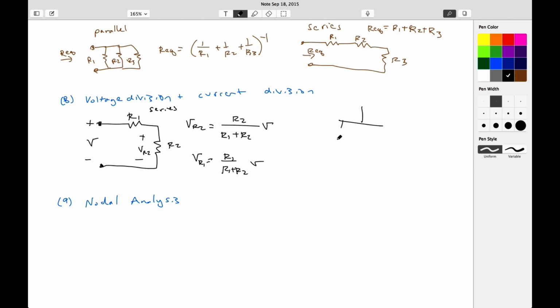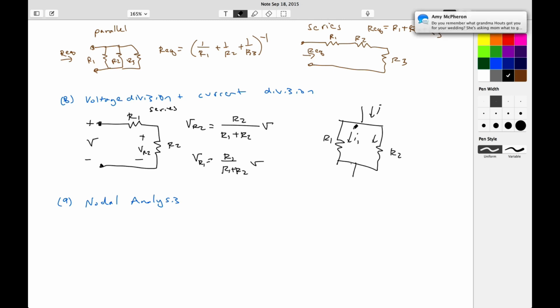All right, current division. If I have this situation where I know the current coming in, let's say this is I, then I can have I1, which is through R1, and I2 through R2.